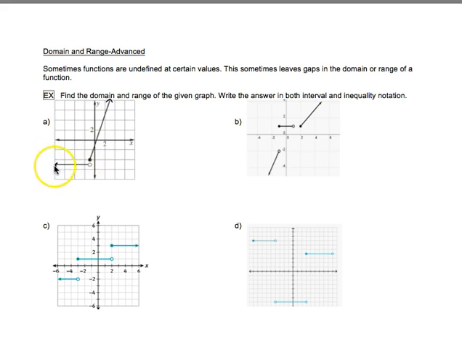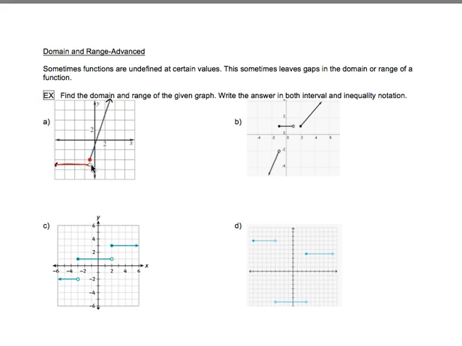So that means that if I'm tracing, and I'll use red here, all the way from the left, from my domain, I'm going, and then suddenly here I have to pick up my finger or my pencil. And that x value looks like it's at about -1. But when I pick back up, I'm picking back up at that exact same x value.